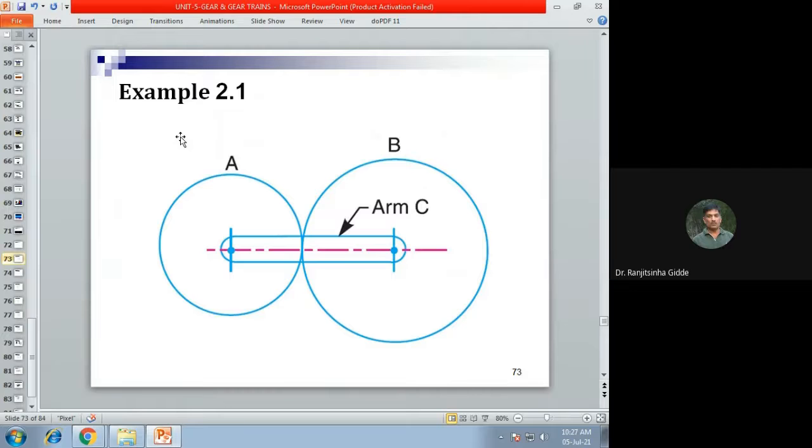Now I request all the students to take down this diagram. I will give the statement. Example 1, we will solve.